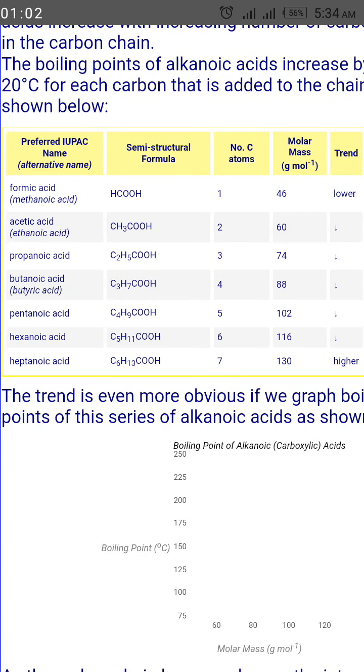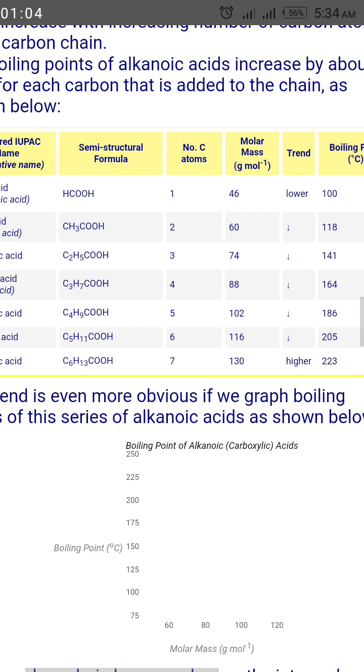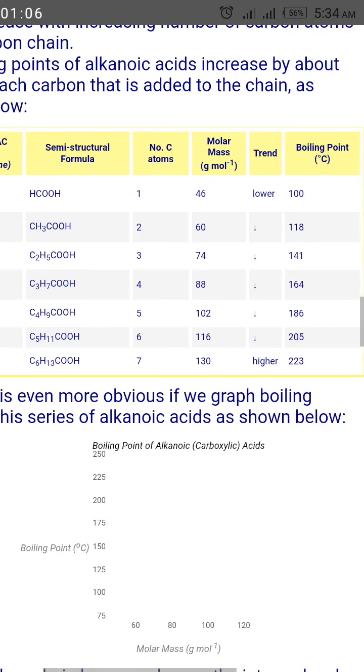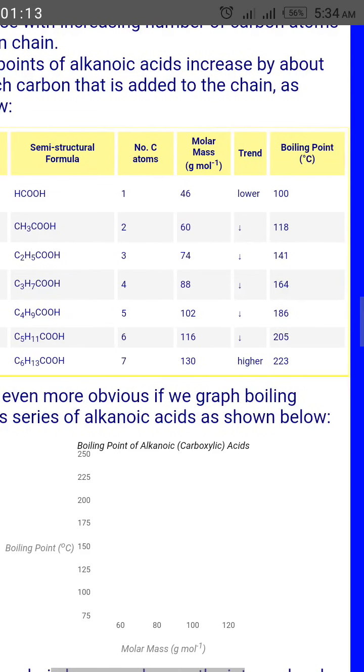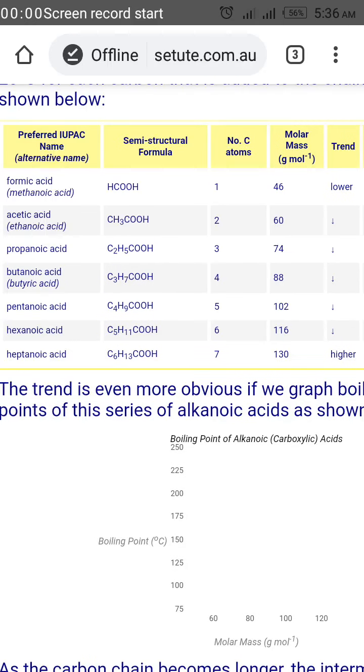Look at pentanoic acid with 5 carbon atoms, having a boiling point of 186 degrees centigrade. Look down to heptanoic acid having 7 carbon atoms. You can see that the boiling point has increased to 223 degrees centigrade. With this, you can verify that the melting point and boiling point of alkanoic acid increase as the carbon chain length increases.